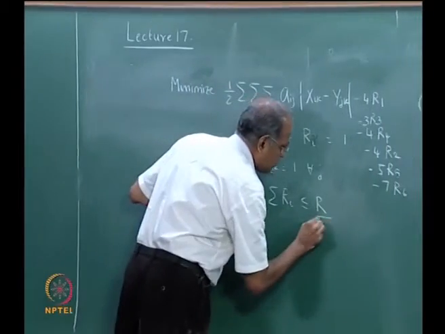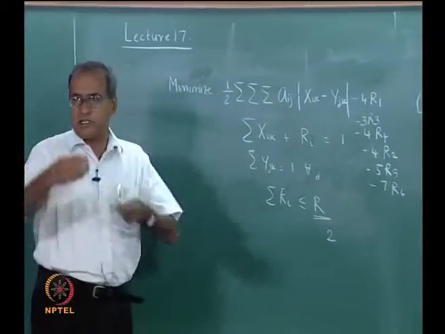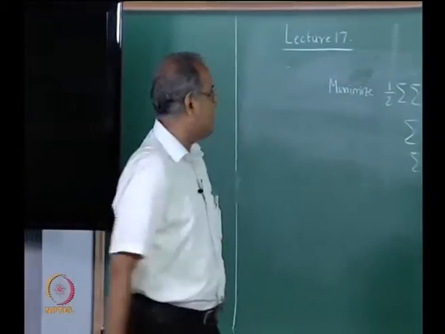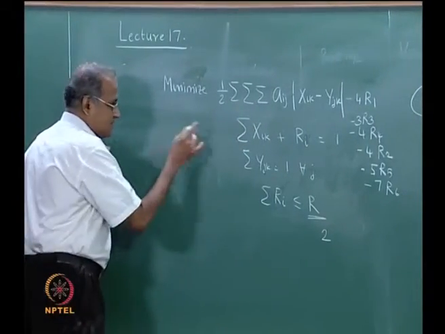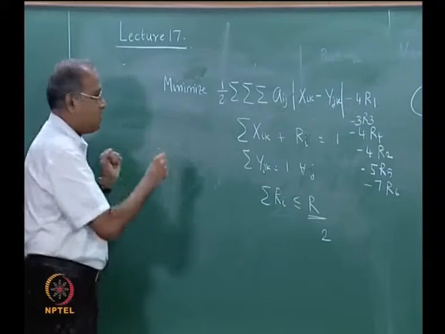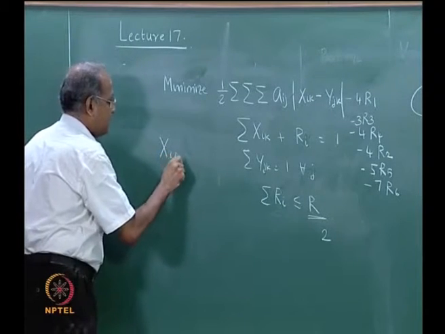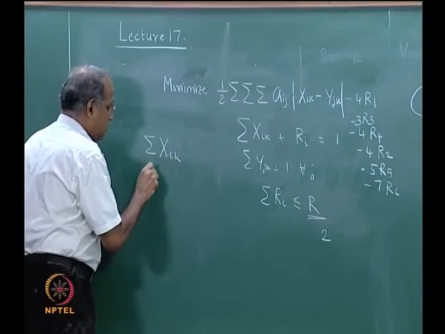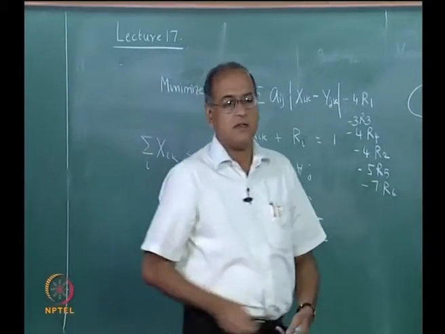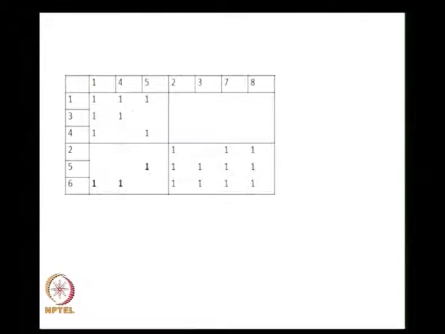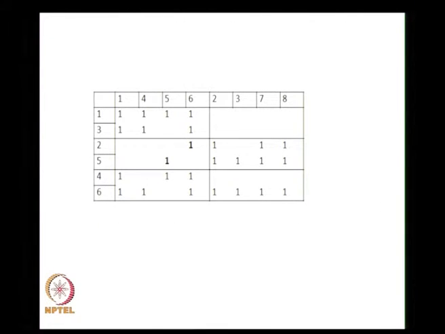This is equal to 2. So, 2 machines go into the remainder cell, plus we have also put another restriction on cell size, which we said in Bochter's term. So, xik summed over i should be less than or equal to 2 for every cell. So, this gave us the solution with 4 and 5 or with 4 and 6 going into the remainder cell with 2 intercell moves.